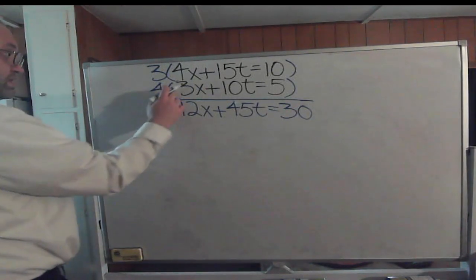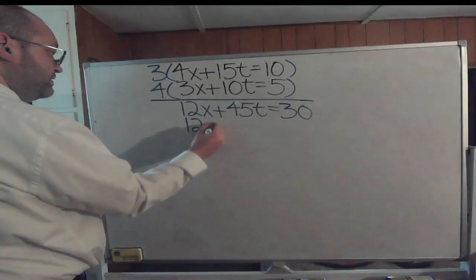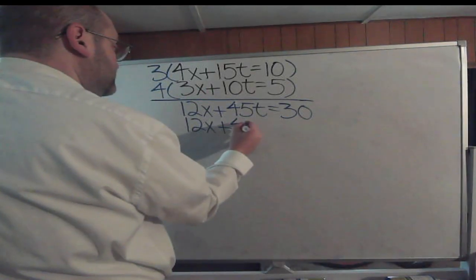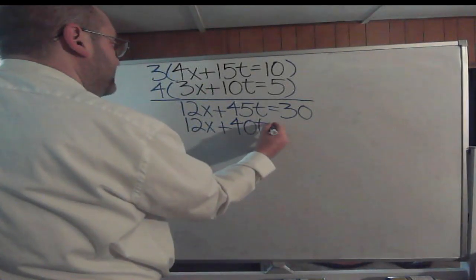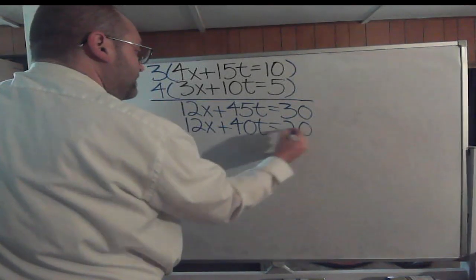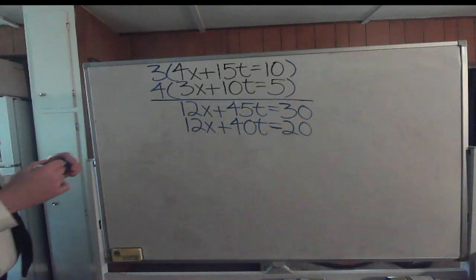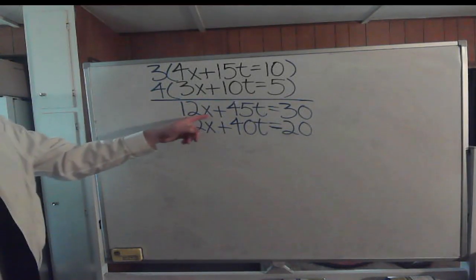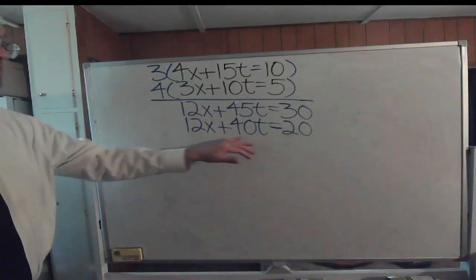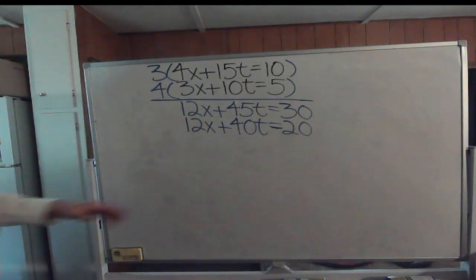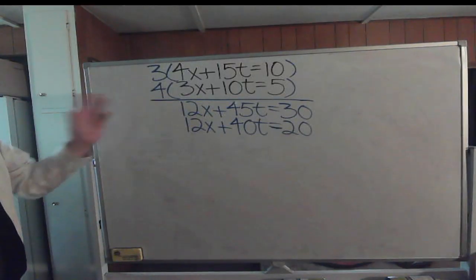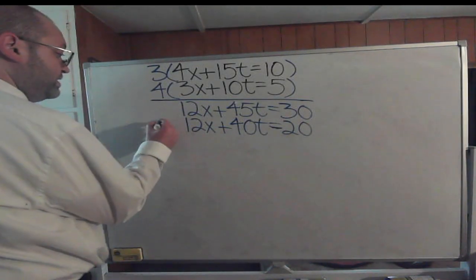Now then we have 4 times 3x, which is also 12x, plus 4 times 10t, that's going to be 40t. That would equal 4 times 5, which is 20. So now, since we've multiplied both equations, you get 12x plus 45t equals 30, and then 12x plus 40t equals 20. Well, both x variables have the same coefficient, so you can subtract the second equation from the first one.